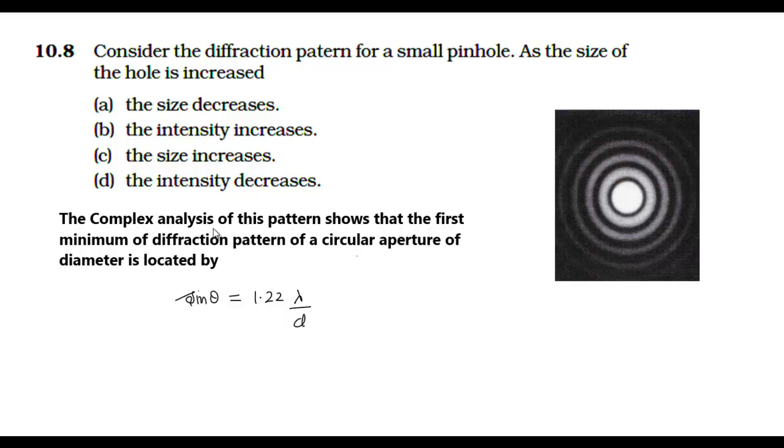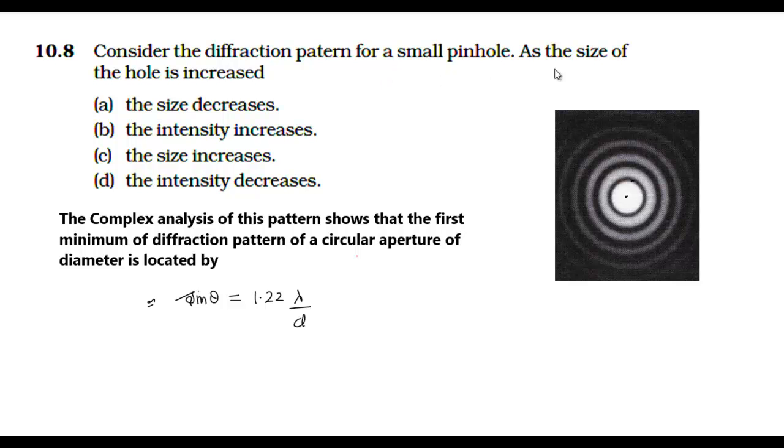The analysis shows that for the diffraction pattern of the circular aperture, this is the central illuminated spot, and then there is a first minimum. The position of this first minimum is given by the formula sin theta equal to 1.22 lambda by d. So using this mathematical result, we can solve this question.